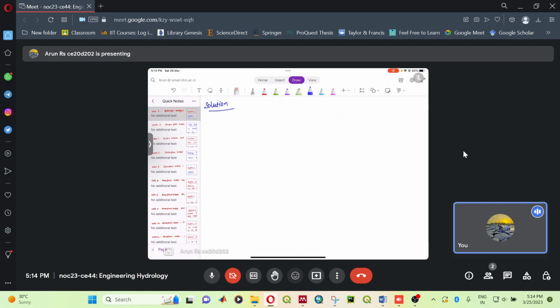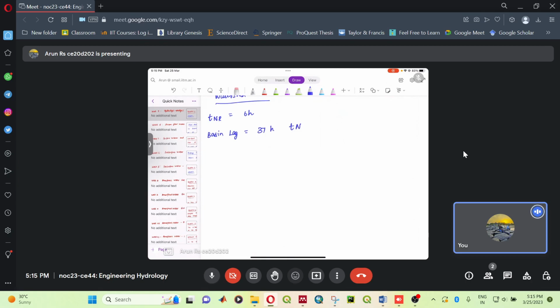So we have two watersheds. And some properties are given. So we have a 6-hour unit hydrograph. So the duration of the storm is 6 hours and basin lag is given for the watershed M, that is 37 hours.